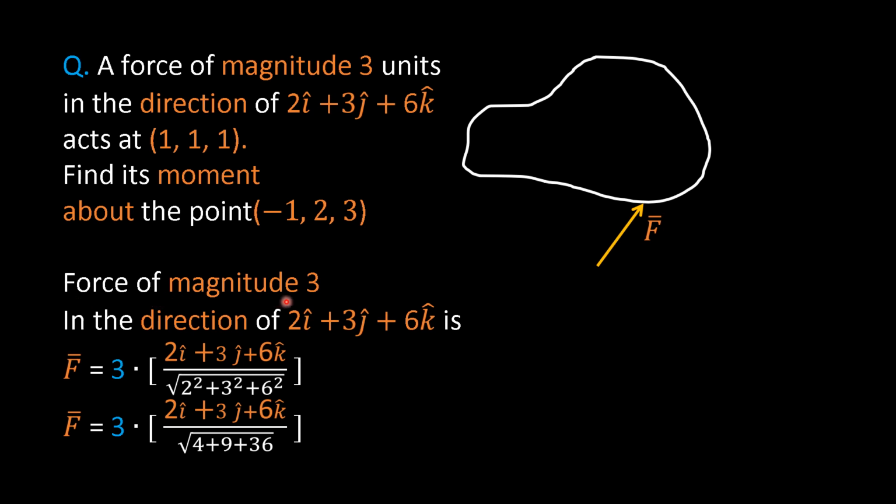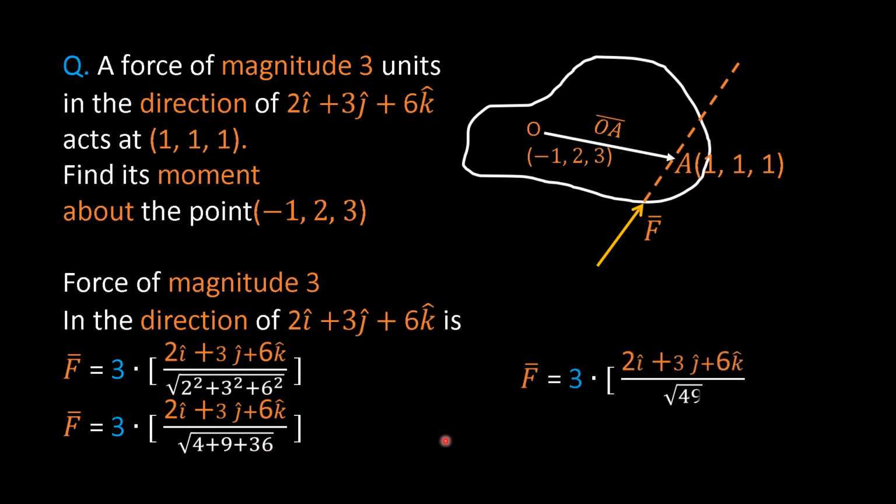Now, force of magnitude 3 units in the direction of 2i cap plus 3j cap plus 6k cap will be F bar equals 3 times the vector divided by its magnitude, which will be root of 2 square is 4, 3 square is 9, 6 square is 36, which is root 49.